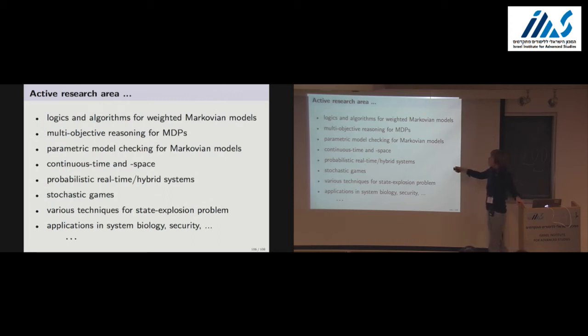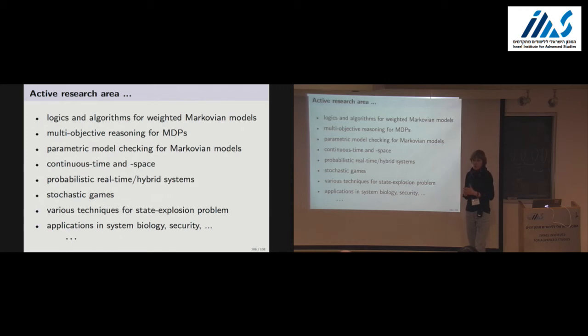Then multi-objective reasoning. What we considered in this tutorial was single objective, in the sense of maximizing the conditional expectation, or maximizing the expectation or the probability to reach something. But you might have several objectives.